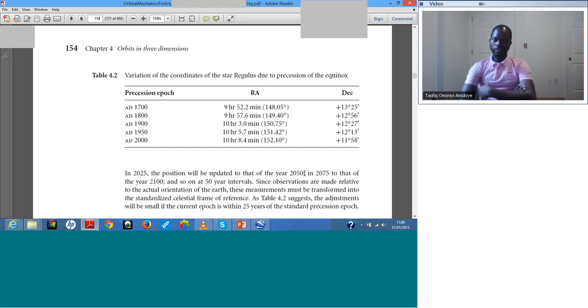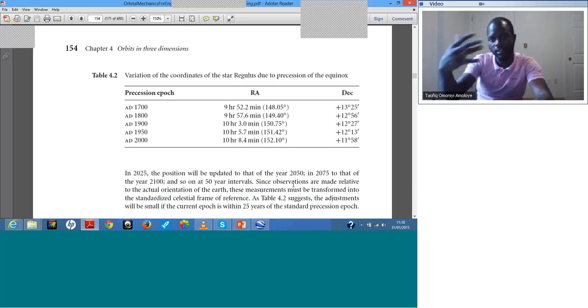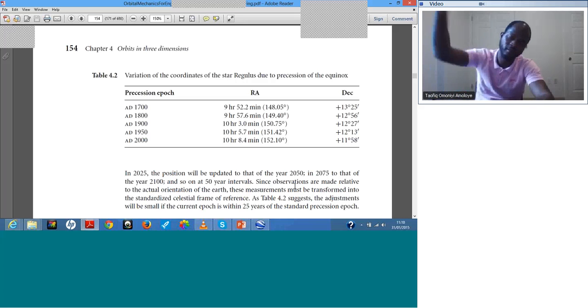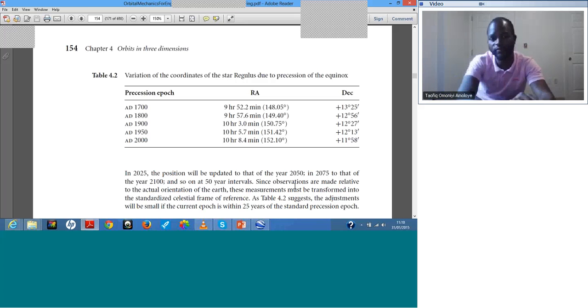With such knowledge you can calculate what positions heavenly bodies might have in the future, and with that the position of the vernal equinox will be determined 25 years into the future. Such position will then be used to make measurements of the movement of other heavenly bodies or satellites in the sky.